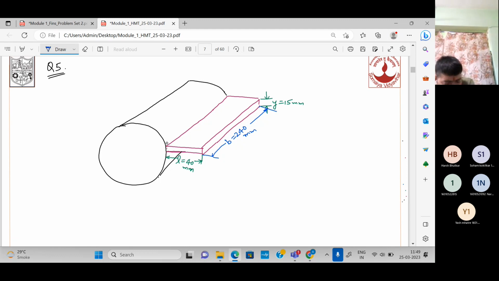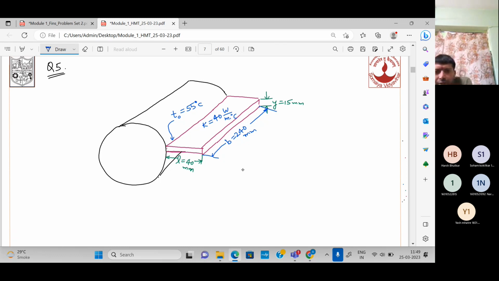This is the base temperature, so the base temperature here is T naught, and the base temperature is given as 55 degrees Celsius. Thermal conductivity is given as 40 watt per meter degree Celsius.